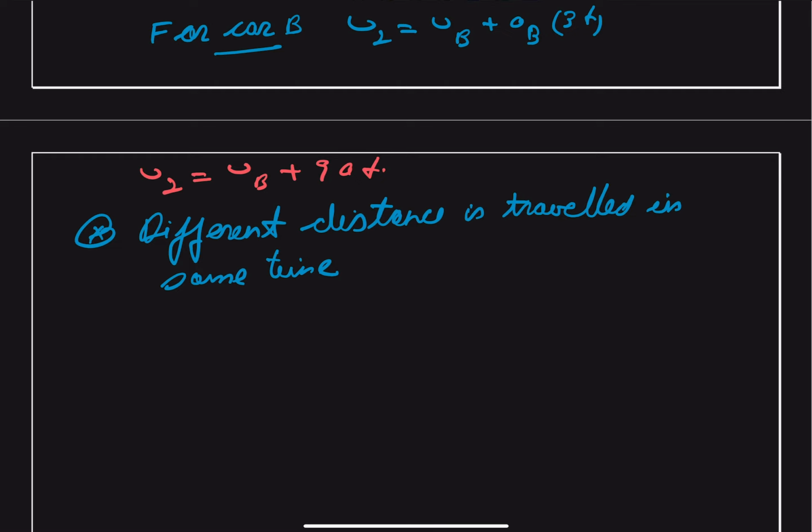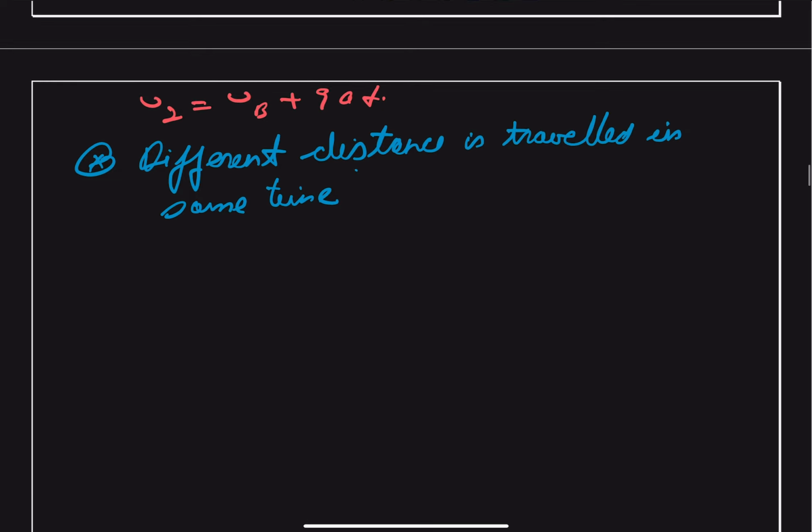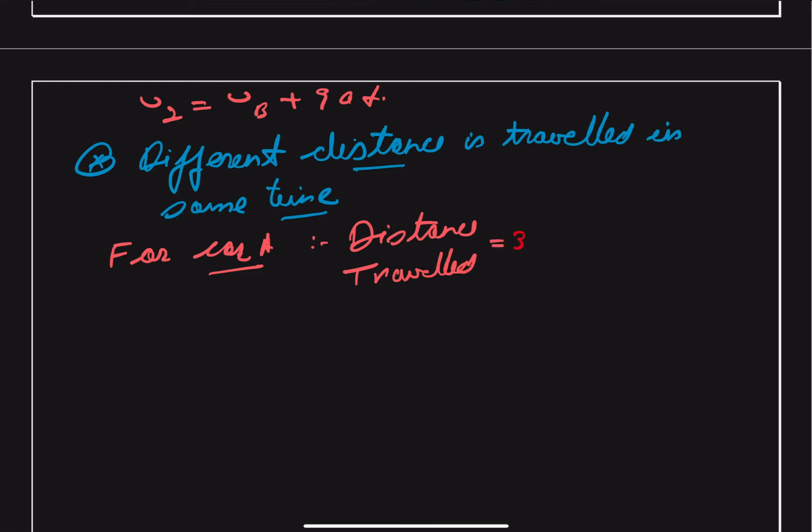And we can write that for car A, distance traveled is 3L, and time taken is 3T.